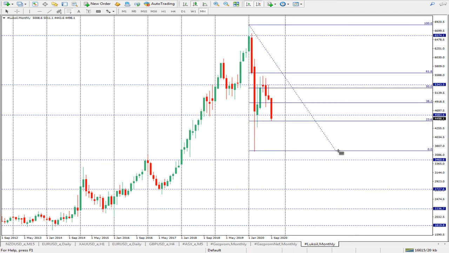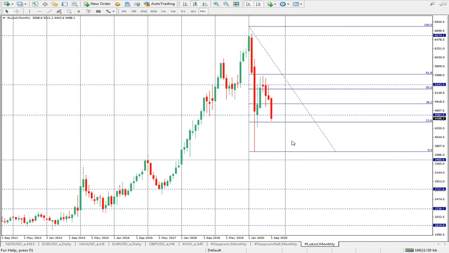The same thing which you saw on Gazprom NEF is the exact same thing which is happening on Lukoil. After establishing a swing low here, the price moved up and attempted to go beyond the 50.0% fib level. It couldn't happen. Instead, it bounced off, and as we're speaking now, we are almost hitting 23.6.